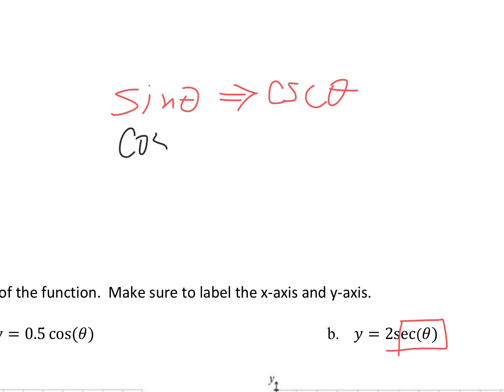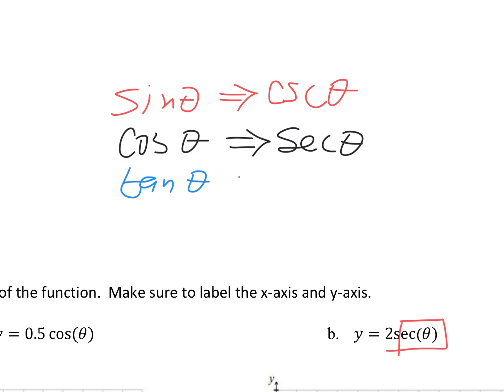Cosine. Do you remember what that one goes with? Secant is correct. And the last one is tangent. Its sister function, its reciprocal is cotangent. Good. So remember, again, if you wanted to say equals in there, you'd have to put 1 over.